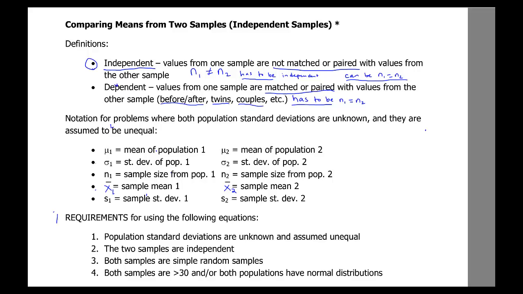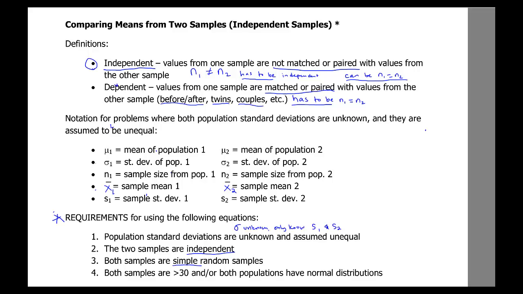So we have requirements. Again, you should check this at the start of every problem. The population standard deviations are unknown. We only know the sample standard deviations, which are S. The samples are independent, which I talked about earlier.